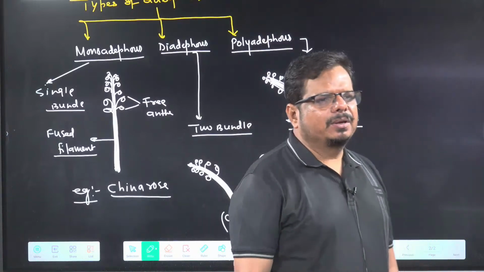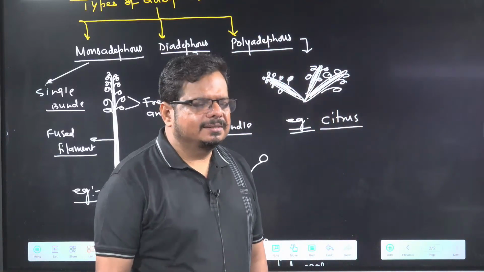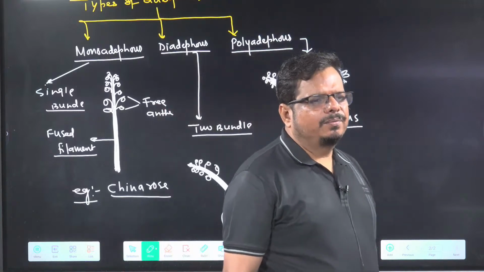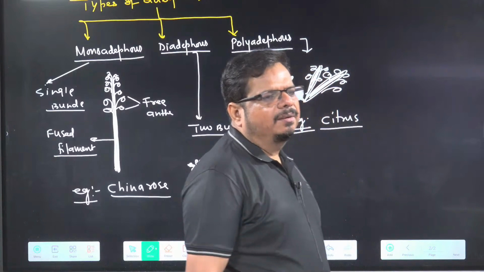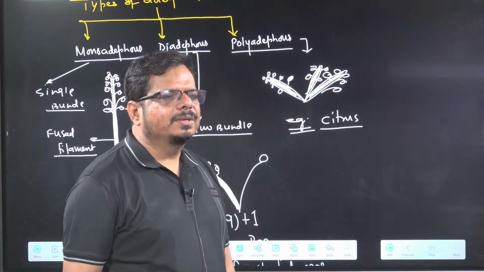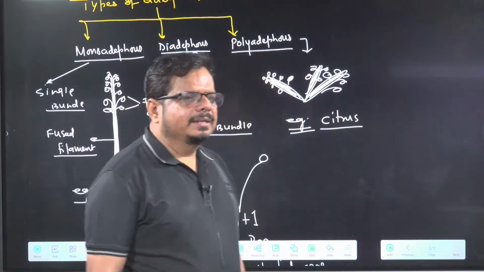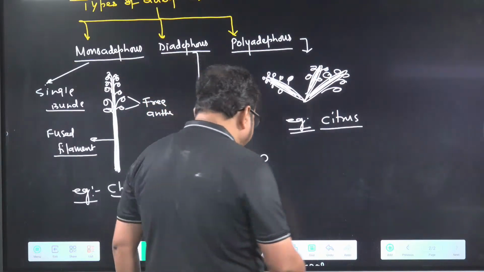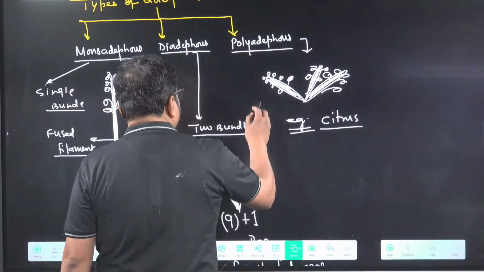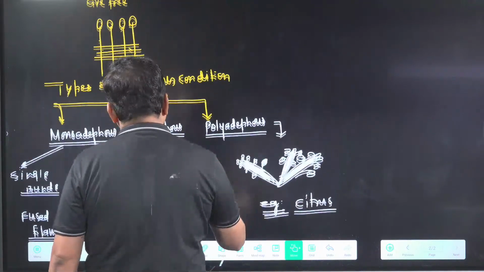China rose is the example of the monoadelphous condition. Pea is the example of the diadelphous condition, which belongs to family Fabaceae. And polyadelphous is the example of which one? Citrus. Clear or not?